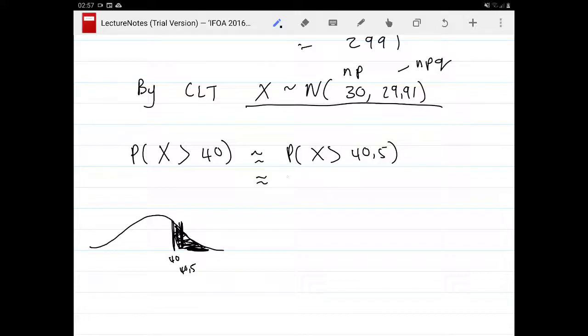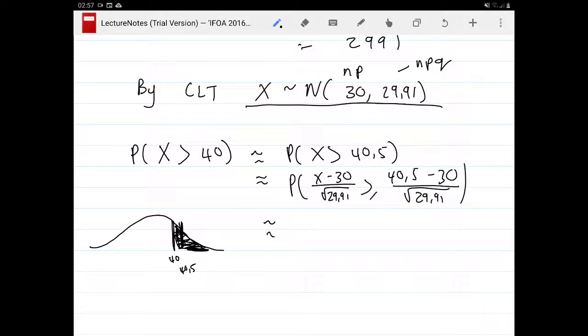And then we just standardize it. We take X minus 30 over the square root of 29.91 is greater than 40.5 minus 30 over the square root of 29.91, and that's approximately Z, where Z is a standard normal. Because we've standardized our X, we can use a standard normal, and then we just need the z-score, which is equal to 1.91991.